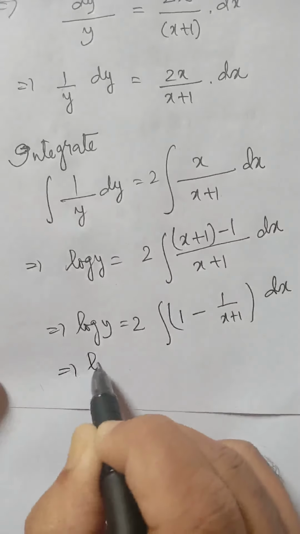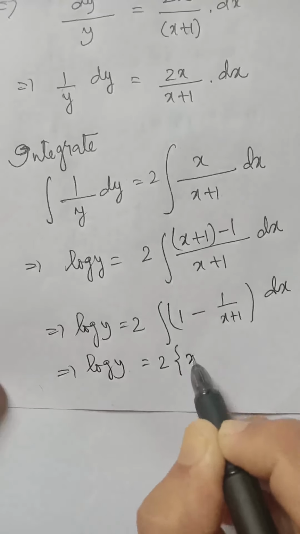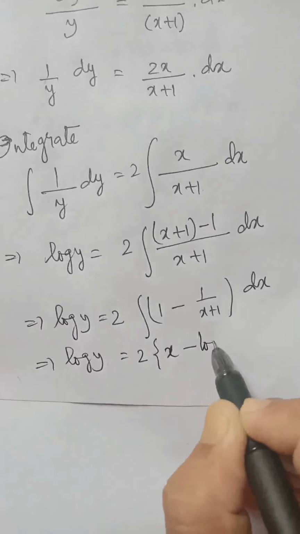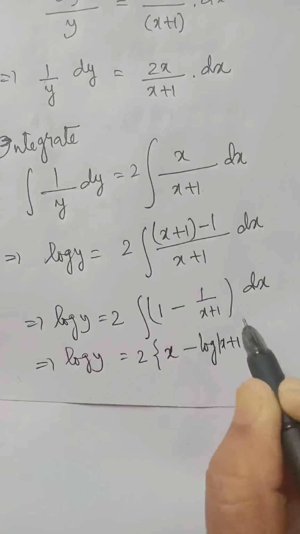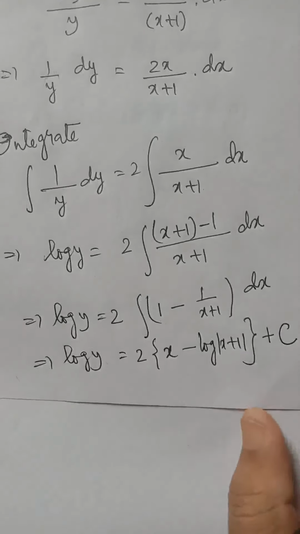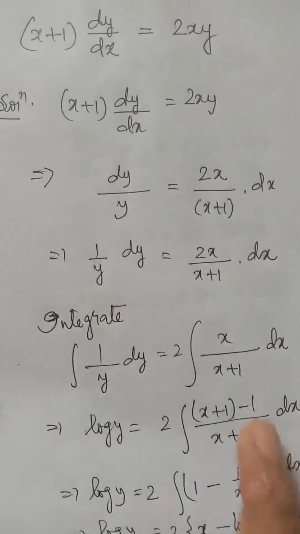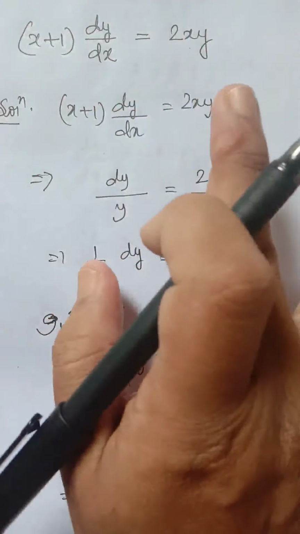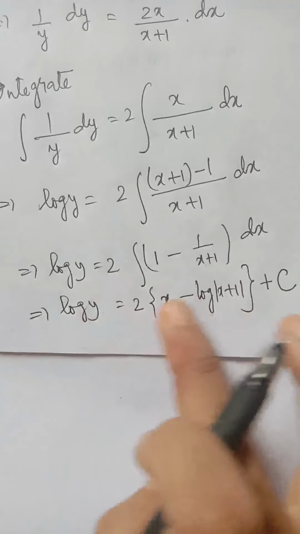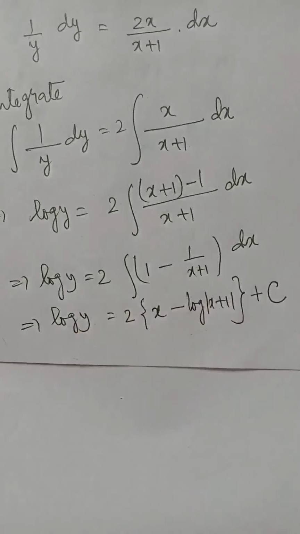And now integrating, we get log of y equal to 2 into x, since integration of 1 with respect to x is x, minus the integration of this, which is log of (x + 1), plus we have to write the constant, plus c. So you can see this is a relation between the variables x, y. This differential equation contains variables x and y, so the solution is a relation between x, y and a constant. So this is the solution of the given differential equation.